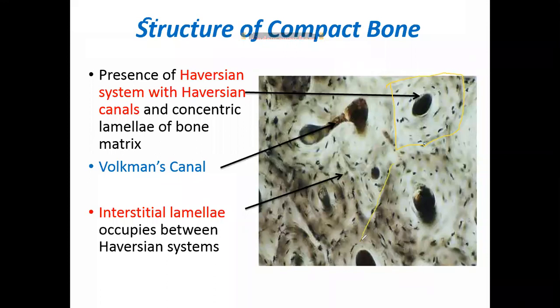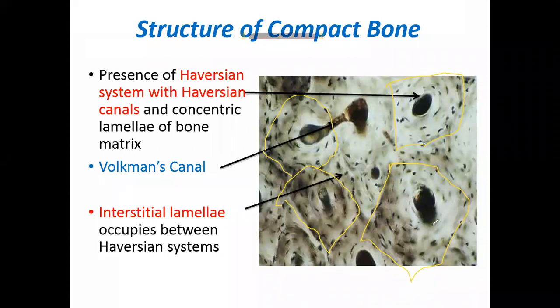Thank you, Fahad. Haversian system, also called an osteon. Is it clear? All of this, which I'm drawing in yellow, is the Haversian system. Another name is osteon. Is it clear?